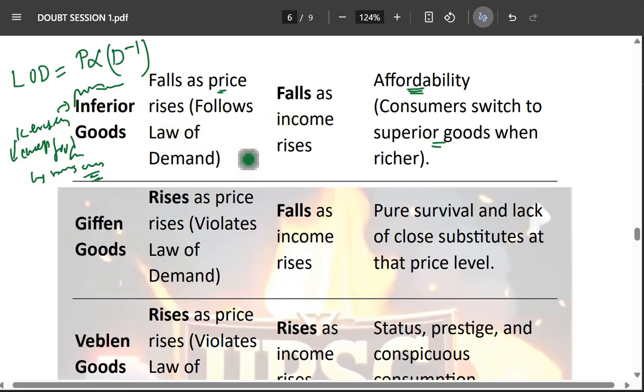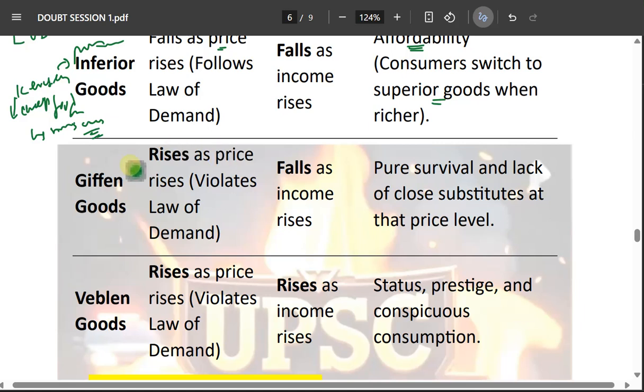Okay, then come to Giffen goods. For Giffen goods, demand rises as price rises, and falls as income rises. If I take an example, if we compare the demand for Giffen goods, when the price increases, the demand is also increasing.